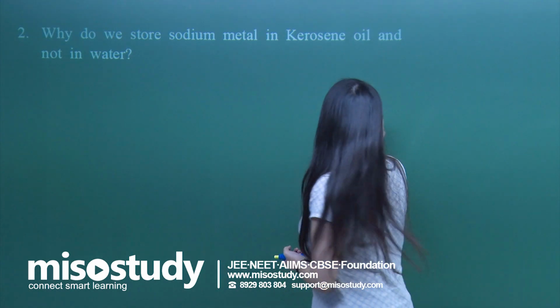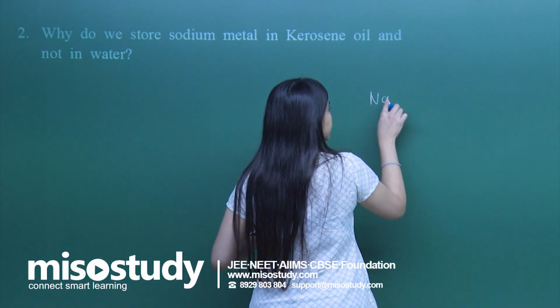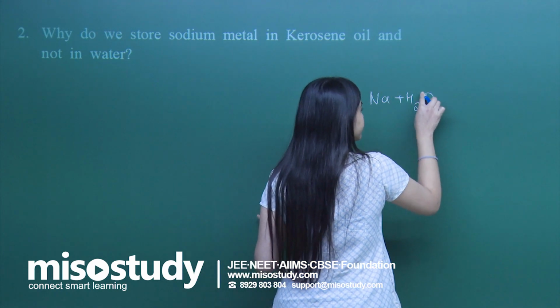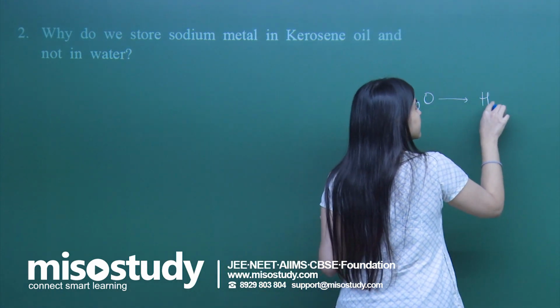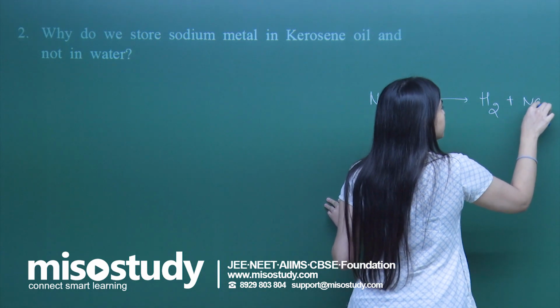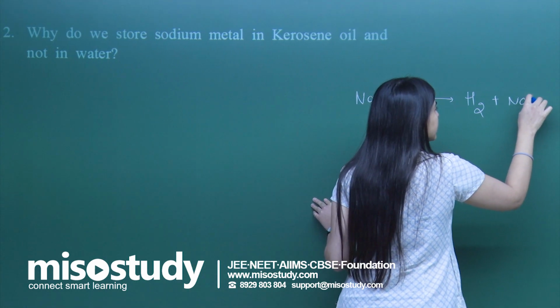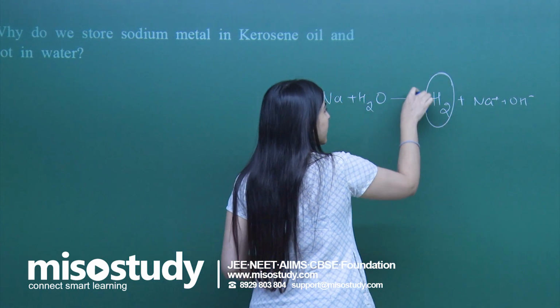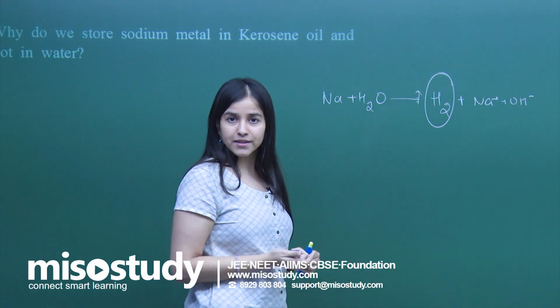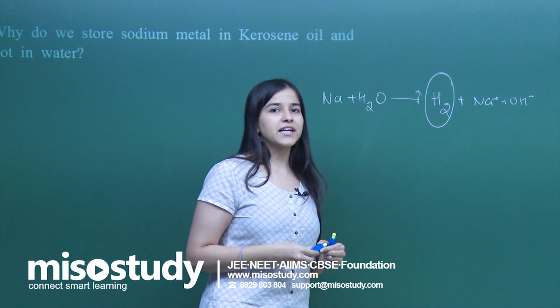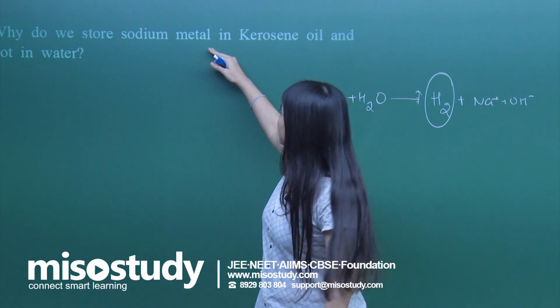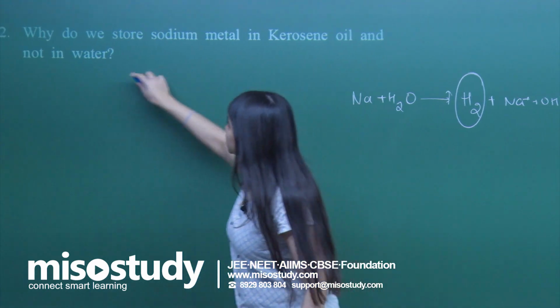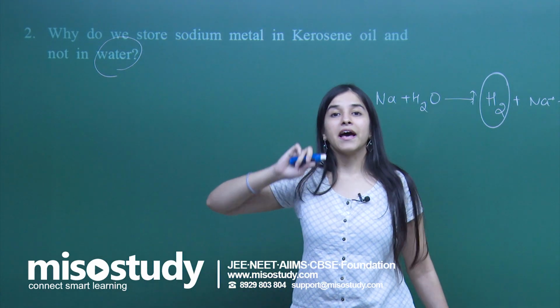Why? Whenever sodium reacts with water, the main thing which is released is H2, plus the other ions, Na plus and OH negative, in the water. And due to the release of this hydrogen gas, we know it's explosive, it immediately catches fire if it comes in contact with the water and in fact the air as well.